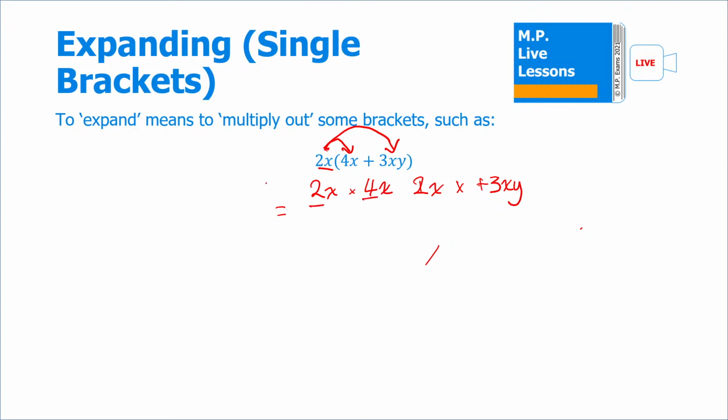So we first deal with our normal numbers. So 2 times 4 becomes our 8, and the two x's multiply together, x times x, become x squared. And then we have on the right for the second term 2x and 3xy, so we start with our normal numbers. 2 times positive 3 gets us positive 6, and then we do the letters separately. So we start with x, so x times x, that's x squared, and the y is just on its own, so like this.